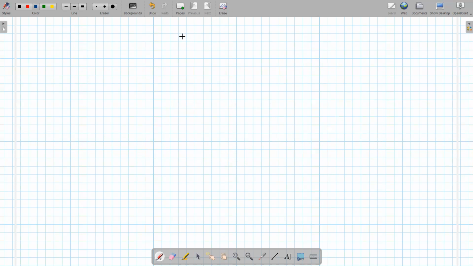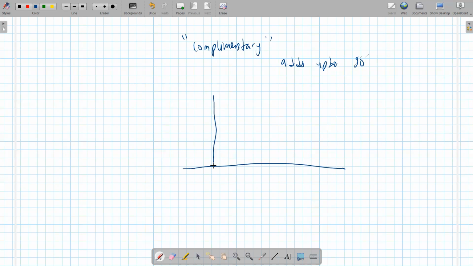Now there's another term, and this is called complementary. So not supplementary, complementary. And this means it adds up to 90. You see this? These two lines are perpendicular. Perpendicular means that they have a 90-degree angle between them.